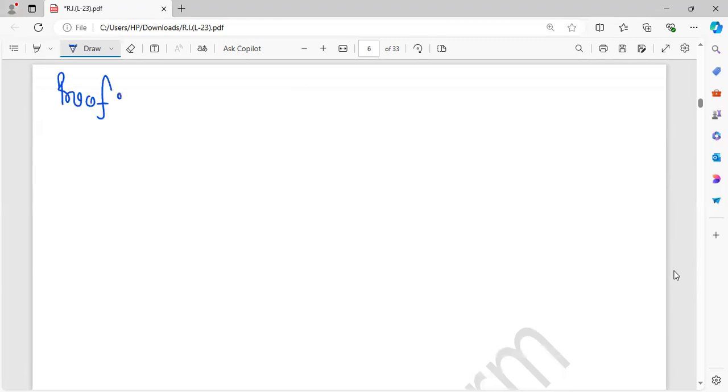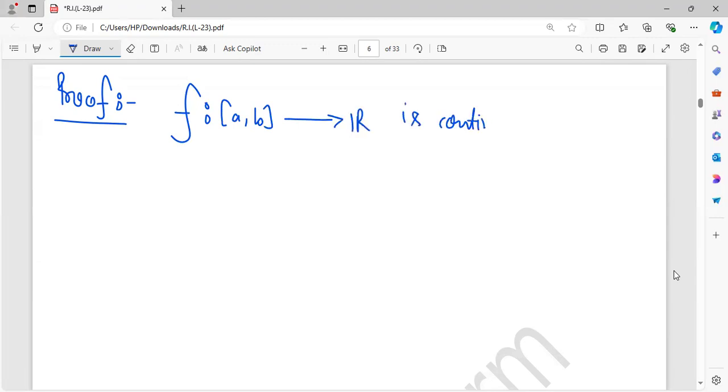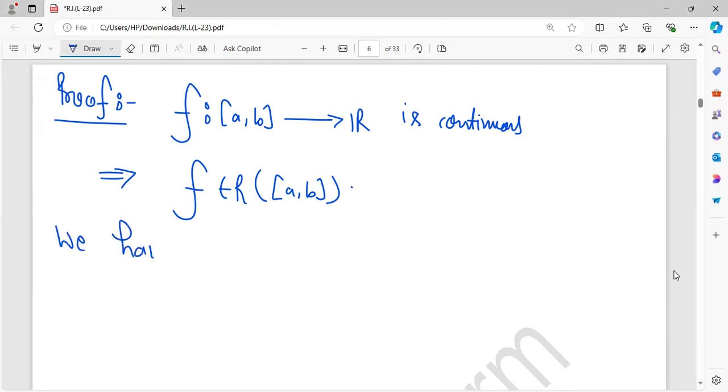We know that if f from the closed interval [a, b] to R is continuous, this implies f belongs to R[a, b]. Now we have f and g belong to R[a, b], because every continuous function is Riemann integrable.